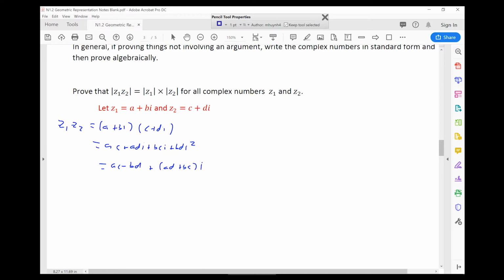All right, so remember we need to find the modulus of Z1 times Z2. So let's find the modulus of this, same as what we did last lesson. So square root, and then the square of the real bit plus the square of the imaginary bit. And then we're going to expand and simplify.